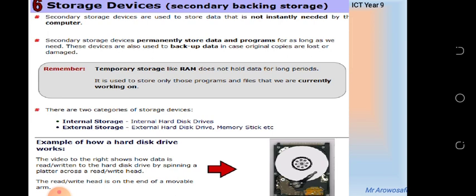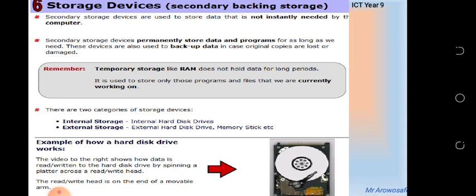Storage devices, which is secondary backing storage. Secondary backing storage devices are used to store data that is not instantly needed by the computer. What do I mean by this?